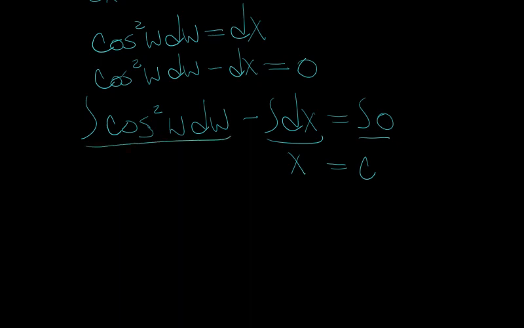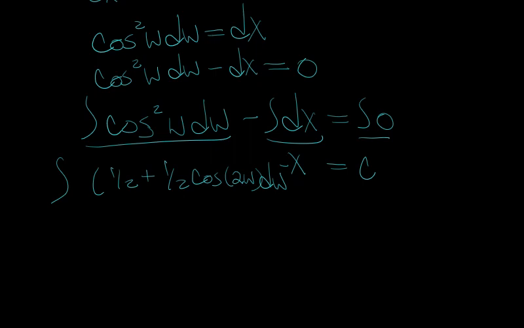This cosine squared w, on the other hand, we need to break it down using the double angle identities. Recall from trigonometry that cosine squared theta is equal to (1 plus cosine 2 theta) over 2. Since we're using w instead of theta, I'm going to say 1/2 plus 1/2 cosine 2w, integrated dw, minus x equals c.